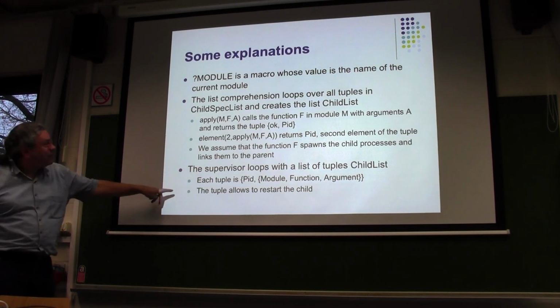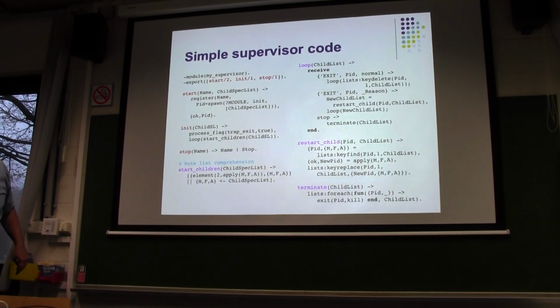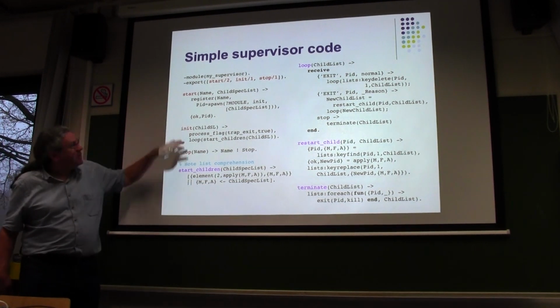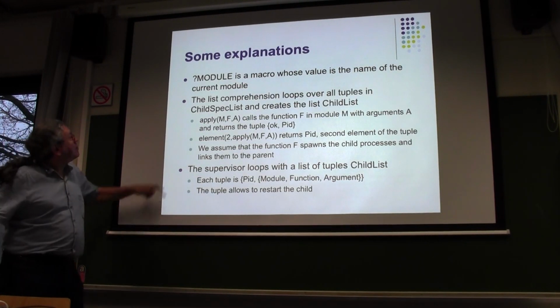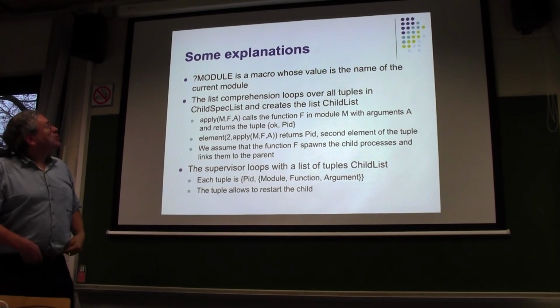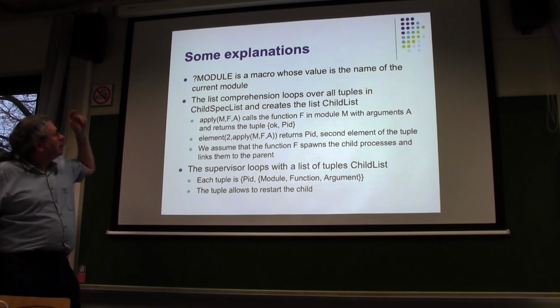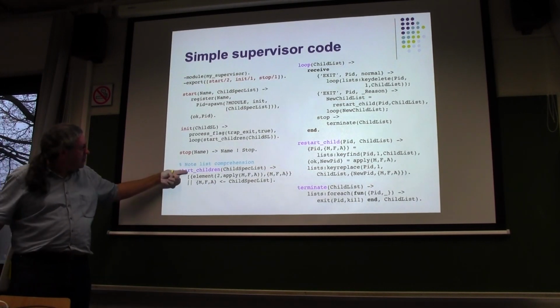So I've added a slide. I'm going to put this new slide on the Moodle with some explanation, because I realized that maybe this is a little bit complicated to understand like that. It has many things in it. The question mark module is just a macro. Erlang has this macro system. The value is the name of the current module. The list comprehension is something that's used here.